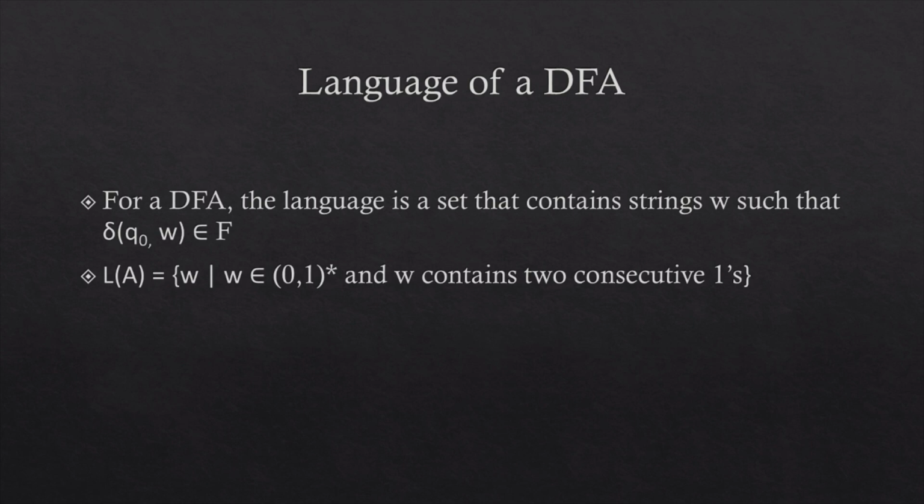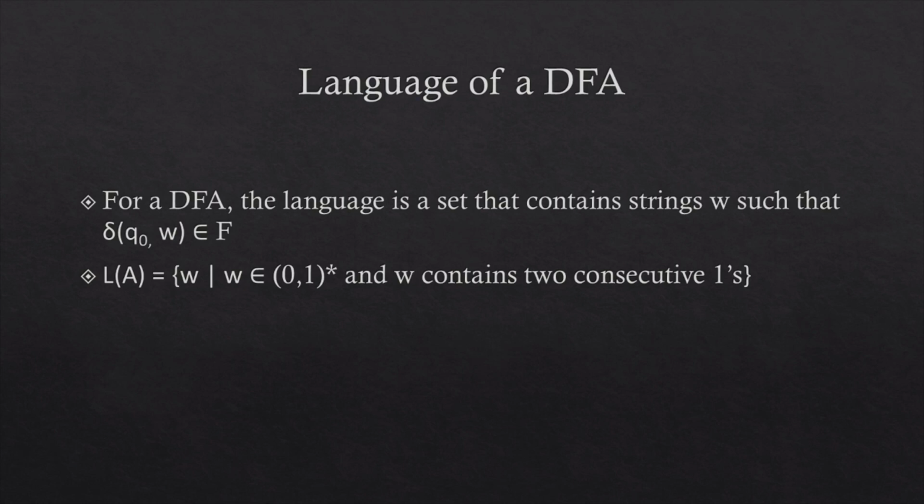The expression I'm using here is called the set former. It says the set L of A contains the strings W. Now L of A, of course, means the language of an automaton A. And we read the vertical bar as "such that". And then we write the conditions or the description of the language after that vertical bar.